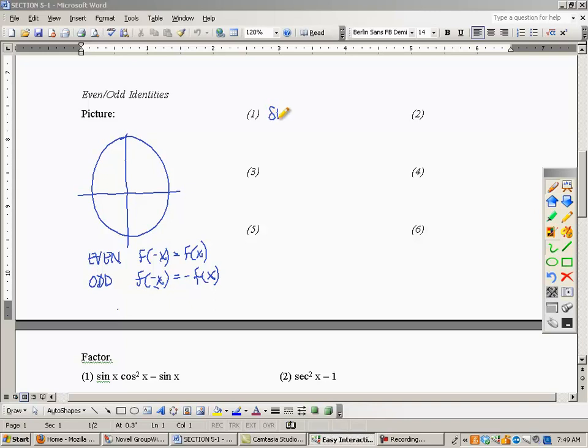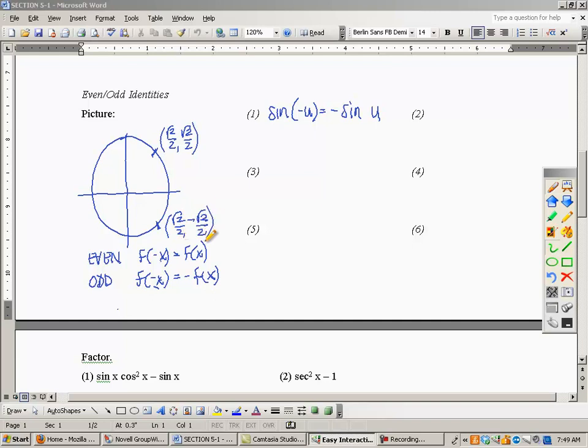So here we go. Let's start with sine. The sine of a negative angle is the same thing as the negative sine of the angle. And I'm going to use 45s because I think 45s are the easiest. So this has trig values of square root of 2 over 2, square root of 2 over 2. And down here is square root of 2 over 2, negative square root of 2 over 2.